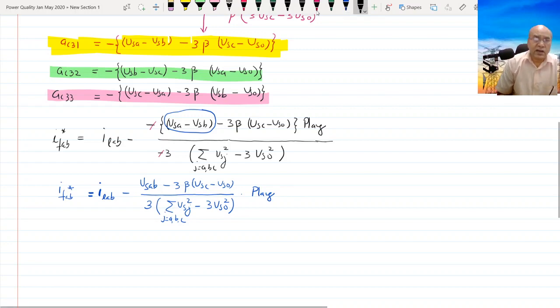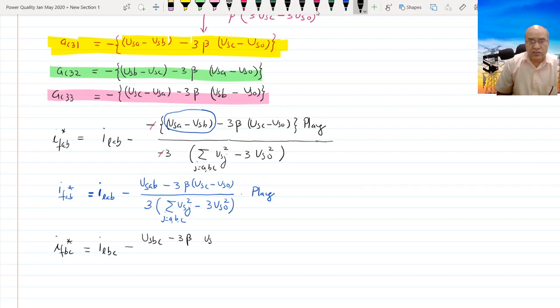and same way we can write for IFBC star, the reference current for branch BC, equal to ILBC minus VSBC minus 3 beta VSA minus VS0.